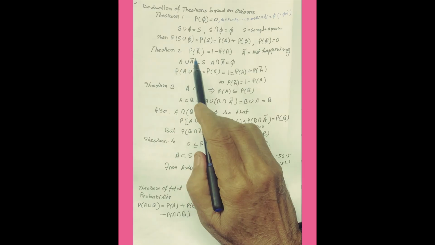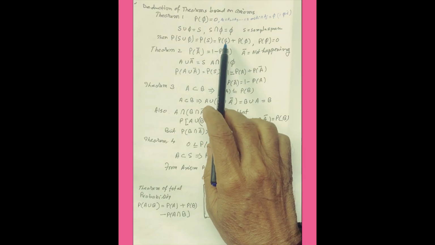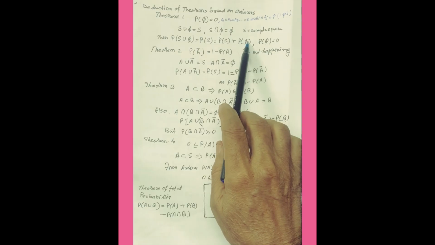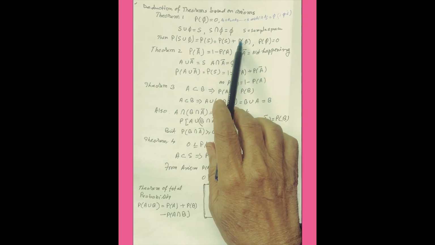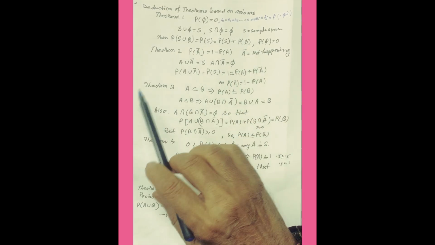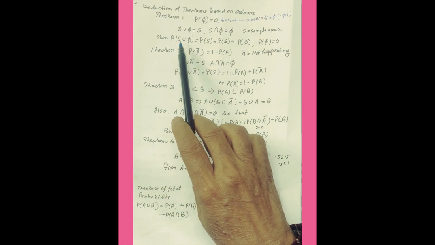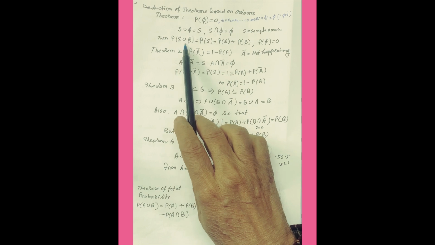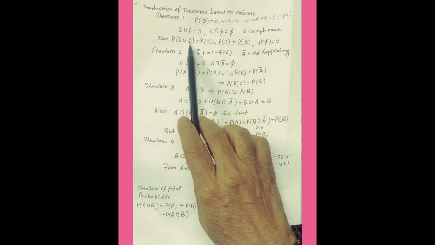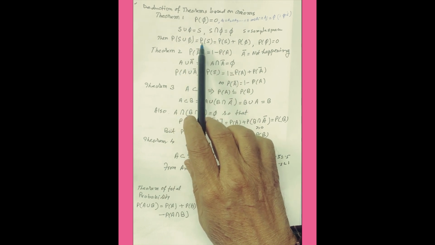Since probability of phi is 0, as we got earlier, P(S) plus P(phi) is equal to P(S). So we can say that probability of sample space union phi is equal to probability of sample space.